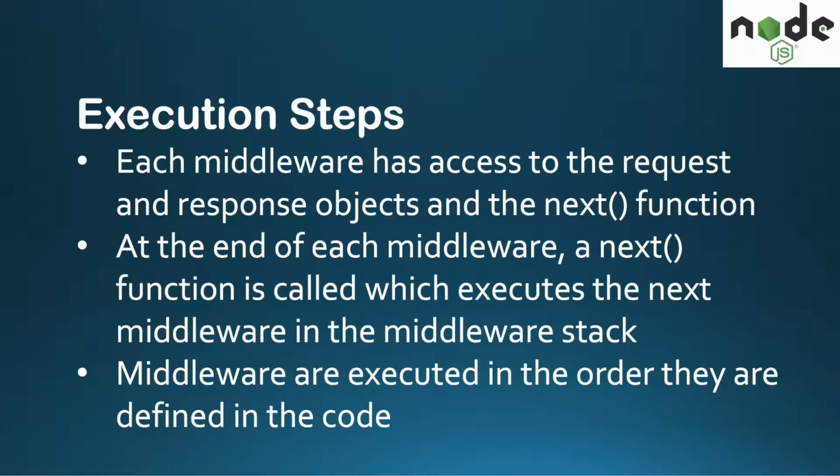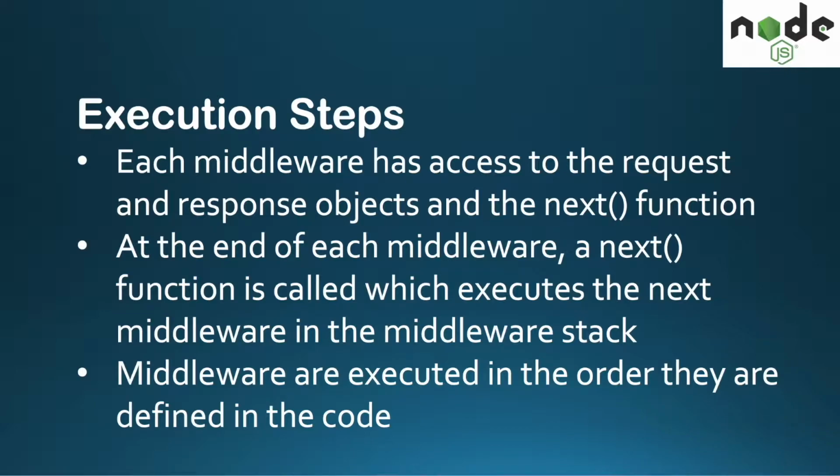Each middleware has access to the request and response objects and the next function. So three things the middleware typically has access to: the request object, the response object, and the next function. At the end of each middleware, a next function is called, which executes the next middleware in the middleware stack.